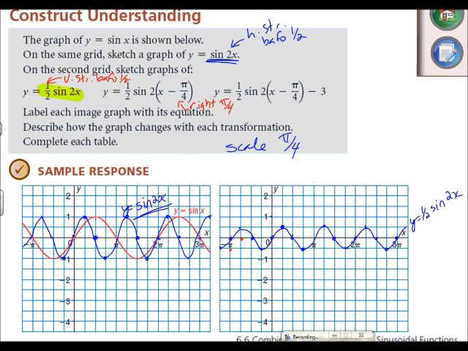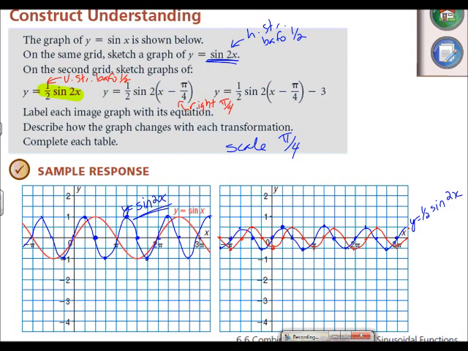So take every point, move them over 1 tick mark. Oops, that one not there. And let's connect those up. It stops there. And I need to add in this extra part that's going to come out from off screen.